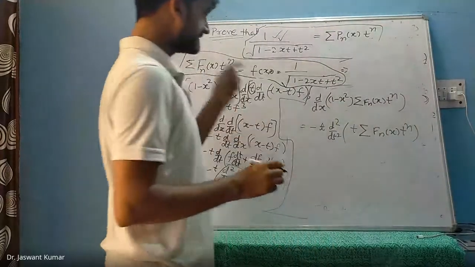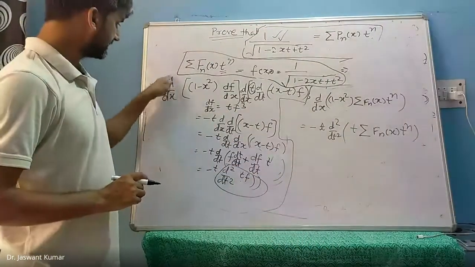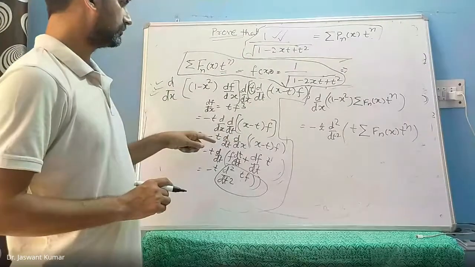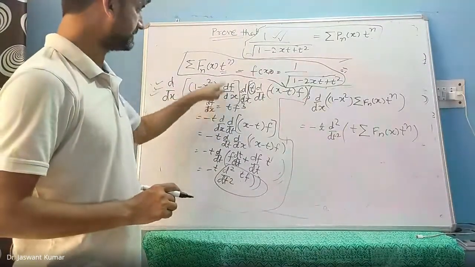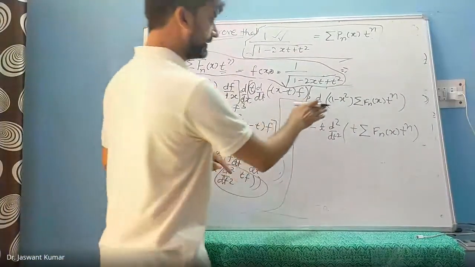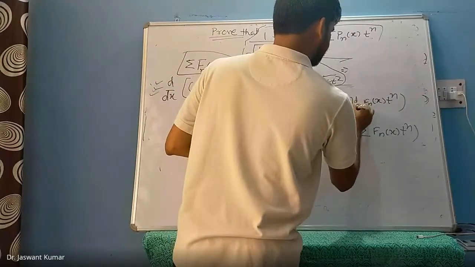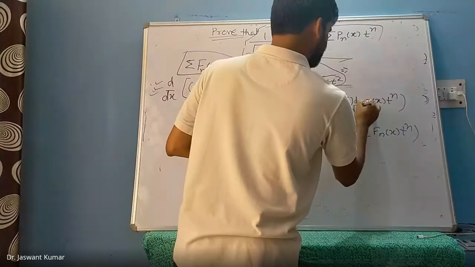Once again, please see, everyone, what did we do? d by dx of 1 minus x square d by dx of... oh yes, so this was d by dx of f. We did not write a d by dx over here, so we write a d by dx of some summation of this.